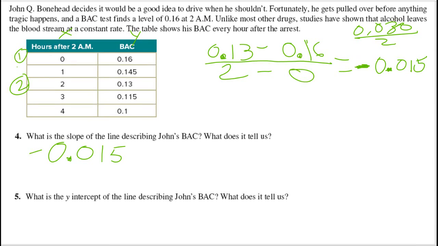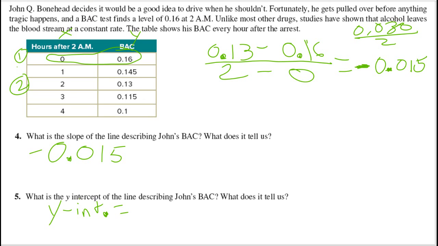Okay. Question 5. The y-intercept is pretty straightforward because we know what the blood alcohol content is when the hours are 0. When x is 0, y equals, that's a period, not a comma. There we go.